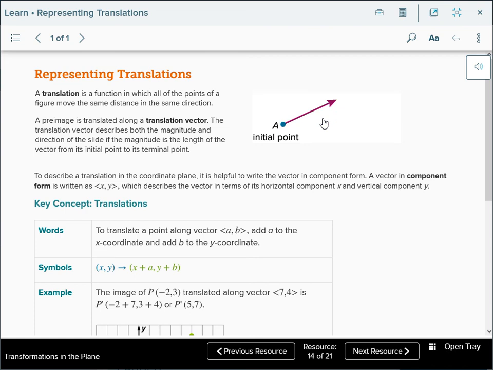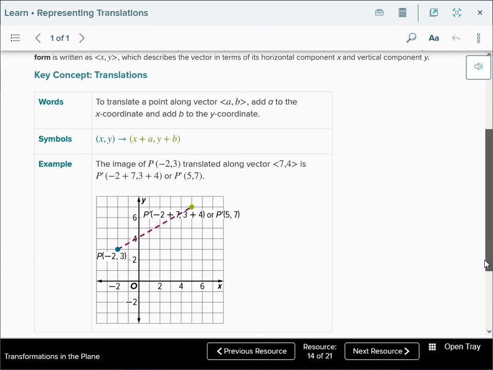How many spaces to the right? 5. How many spaces up? None, because now it's telling me to do what with the y's? Go down. What would this tell me to do? Instead of moving to the right, now I'm moving to the what? Left. So 3 different ways to write it.